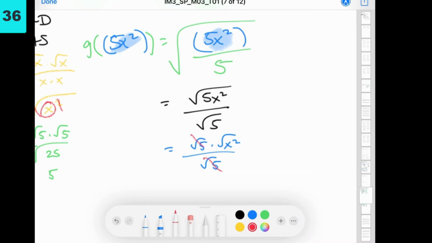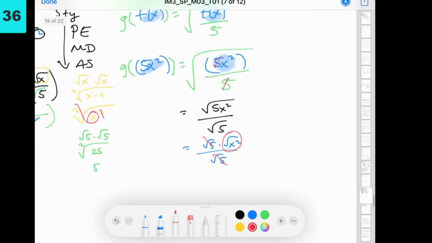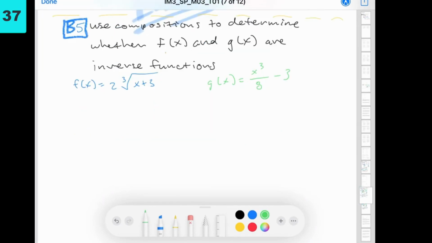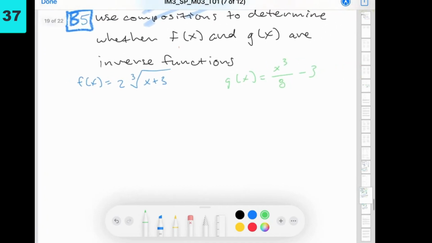Another way you can see that is up here, you can cancel out those 5s if you wanted to as well. And this one we did over here, which is just x. So right here, this one is just x. So if they're both equal to x, then they are what? Inverses. These compositions determine whether f of x and g of x are inverses of the functions.